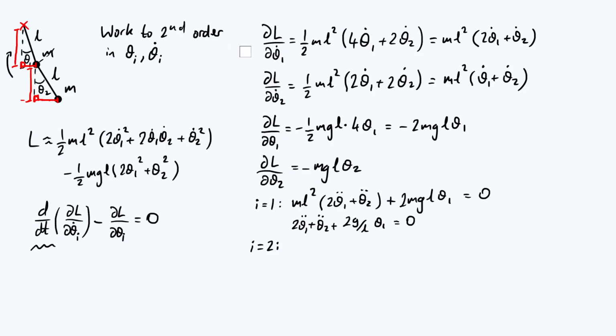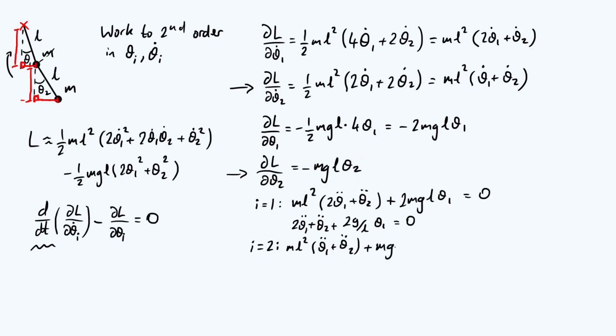So let's do that. When i equals 2, we care about that derivative and that derivative. Remember, with the first one, we have to differentiate it with respect to time again. So we get a second dot on each of the theta dots. And we get ml squared times (theta 1 double dot plus theta 2 double dot). Then we're going to get plus or minus that thing, but it's minus minus, so it's plus.